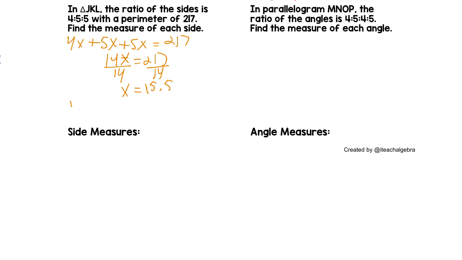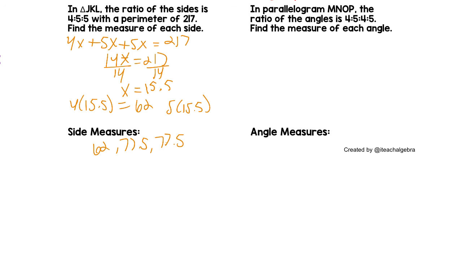We plug that in. 4 times 15 and a half, we get 62. And then 5 times 15 and a half is 77.5. And we have that length twice. Last one, we can do this one together.